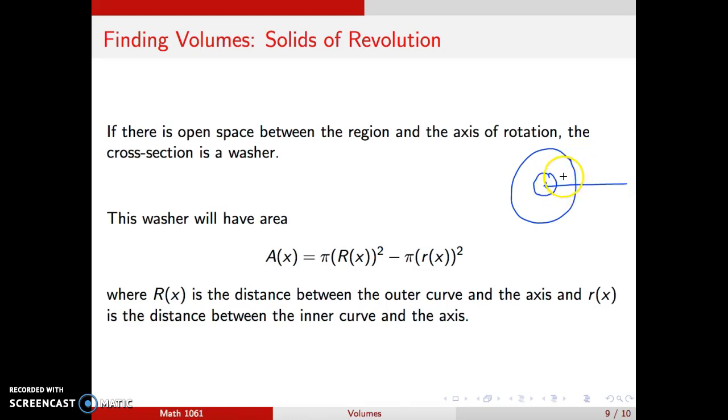Out here, this would be capital R. In here, that would be the lowercase r right here. So you take pi capital R squared, that's the whole space, minus pi lowercase r squared, that's the little space, and what's left over is what you're looking for. It's the area of that washer, not a disk anymore.